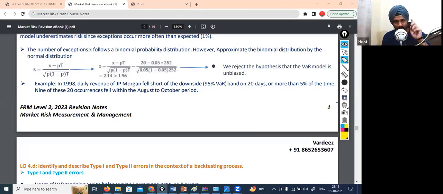And we get a formula to check whether the VaR model is biased or not. So we are using this kind of a Z-score formula to check the hypothesis that the VaR model is unbiased.